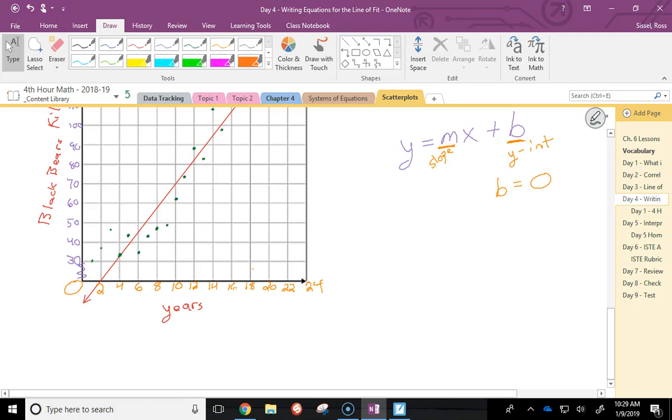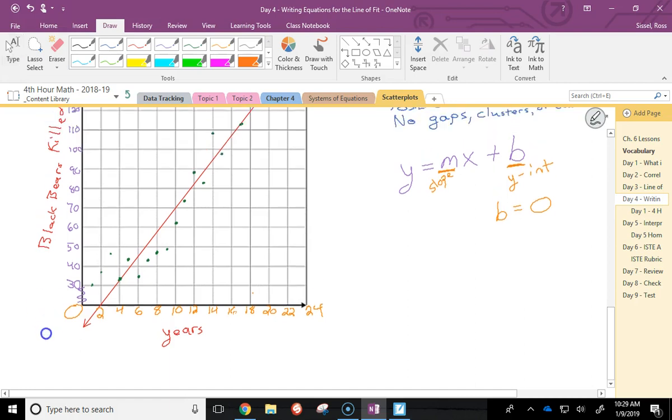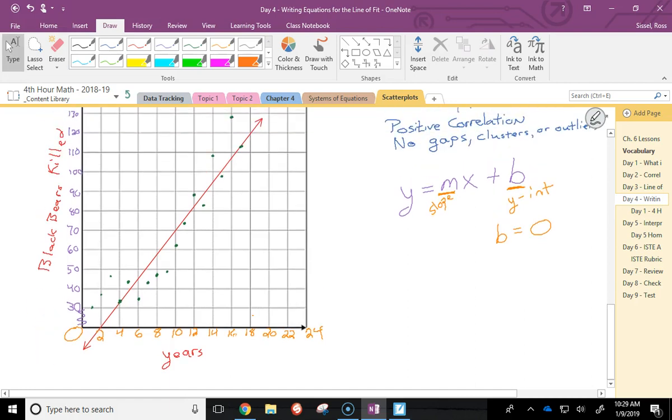The biggest thing we have to learn today is how to do the slope. And this is what you're going to do. We need to identify 2 points on our line that we drew. So I'm going to highlight them with yellow. I'm going to start here, and remember, we want points that we know for sure. Easy ones. So when I'm looking through here, like right there for sure is an easy point.